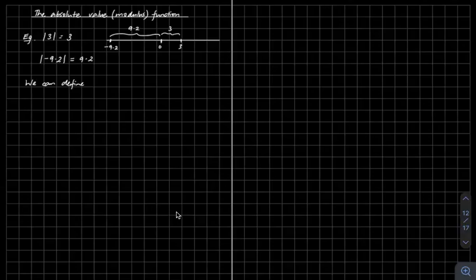So we could define absolute value as follows. The absolute value of x is equal to, and it's going to be one of these multi-domain functions, x wherever x is greater than or equal to 0.